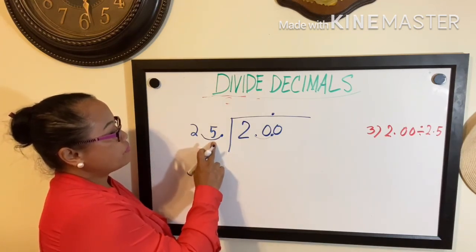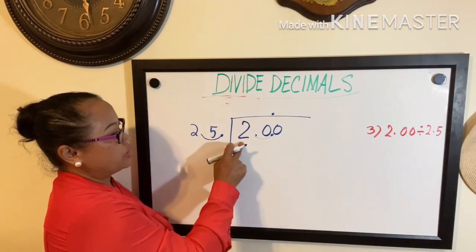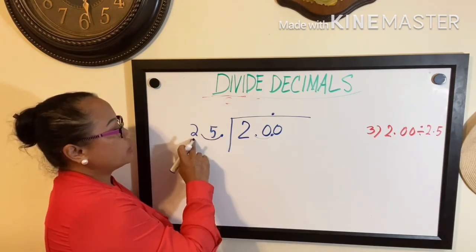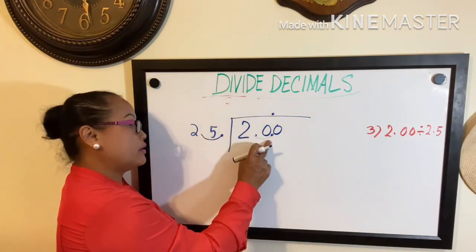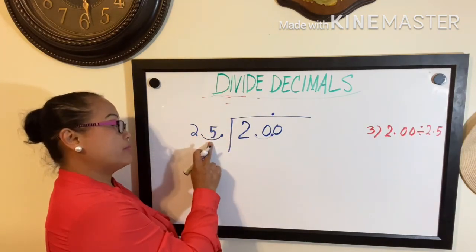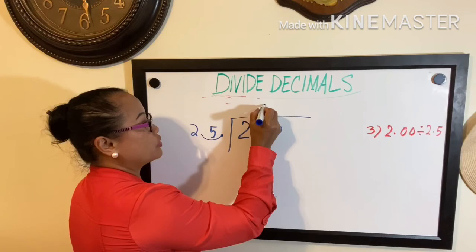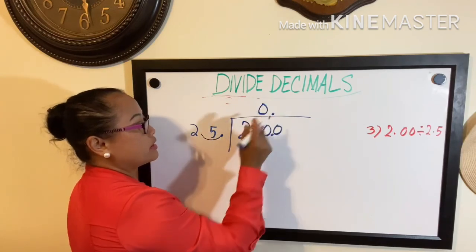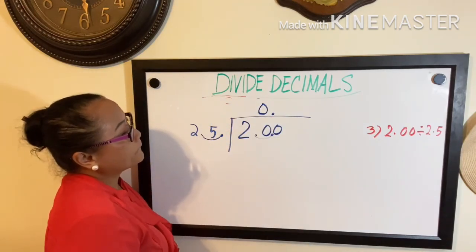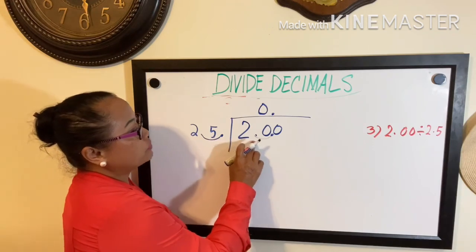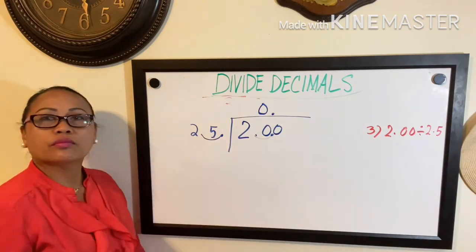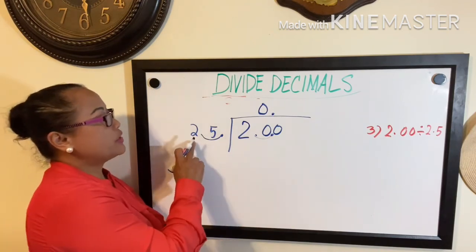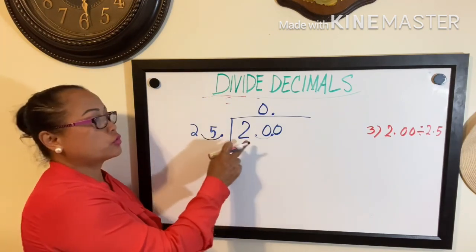So now 25 and 20, we have to divide this. How many 25 goes to 20? Or 20 divided by 25 is 0. So we'll put 0 here because next is the decimal. So now next is 200. How many 25 goes to 200?